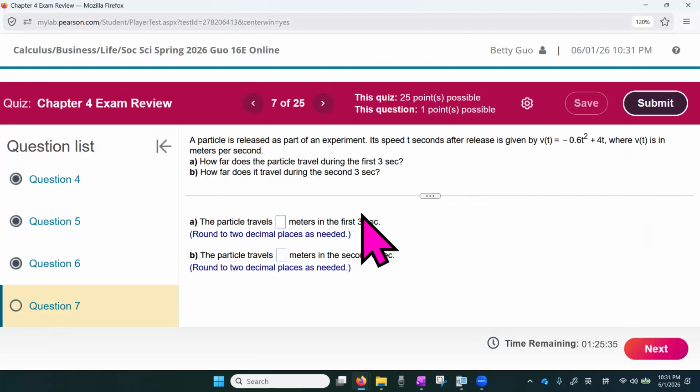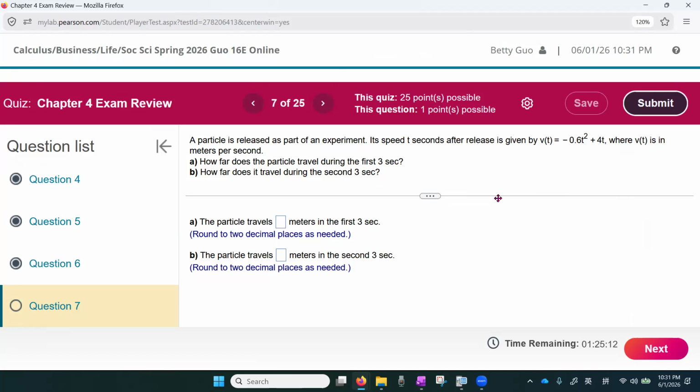How far does it travel during the second 3 seconds? Sometimes when the problem does not make sense to you after you read it once, just read it more times. The more times you read it, the more sense you can make of the problem.